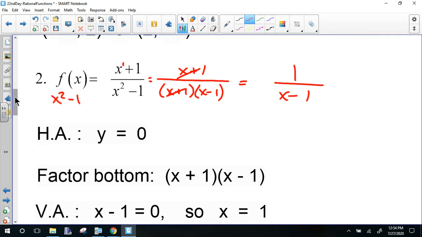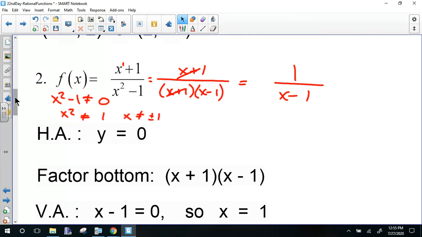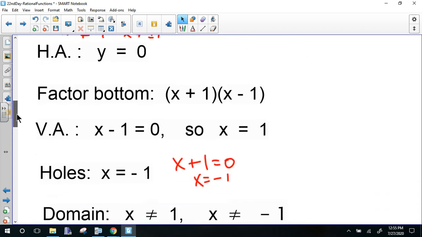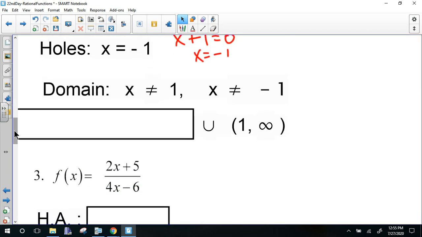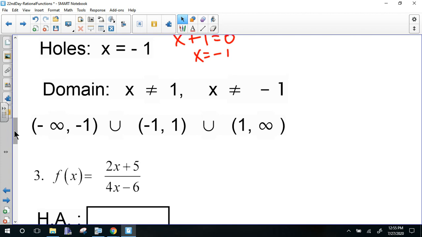So x squared minus 1 cannot equal 0. Take the square root, we get x cannot equal 1 and -1. So to write that, we go from -infinity to -1, -1 to 1, and 1 to infinity. Using parentheses, we can't include the 1 and the -1.